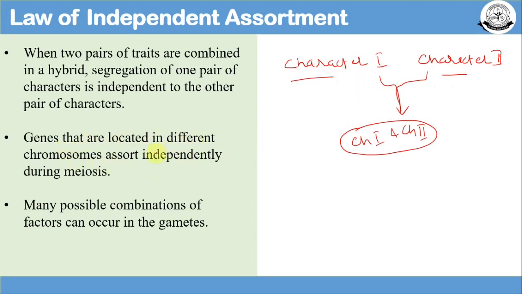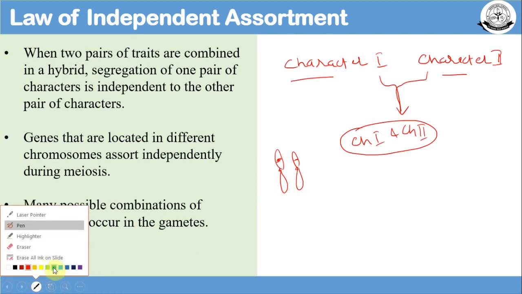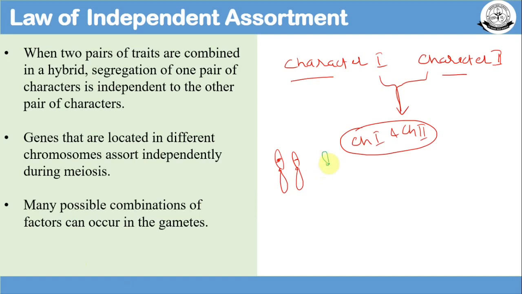Genes that are located on different chromosomes are sorted independently during meiosis. As I told you already in the last video class, the alleles located on a chromosome are sorted independently of each other. For example, if we have a gene for length and another gene for some other character, then these two alleles will segregate independently.